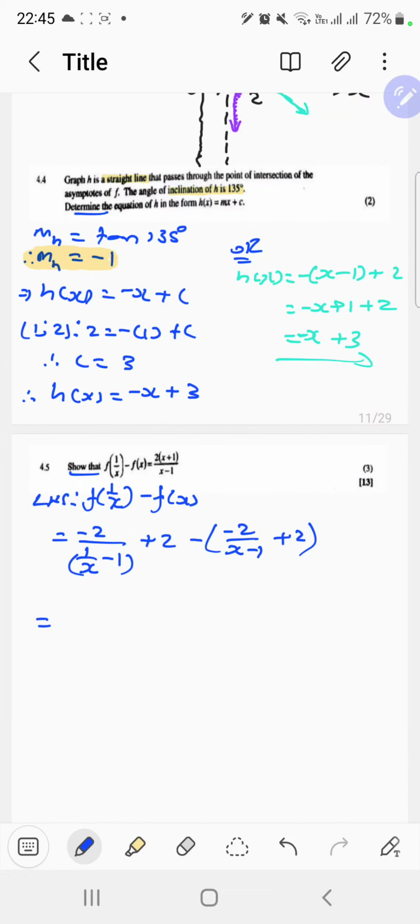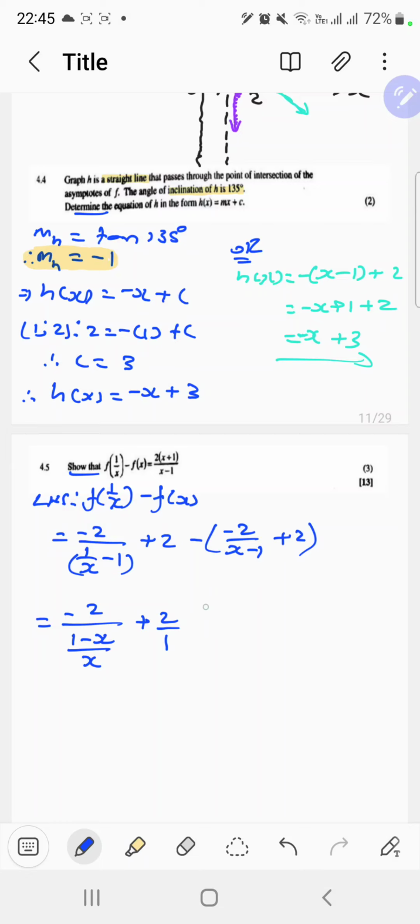So this is equal to, then we deal with the situations. You have minus 2 over, when you deal with that bracket, you just take the x and multiply, then subtract. So this is the same as 1 minus x over x, okay? Yeah, and then this is plus 2 over 1, okay?